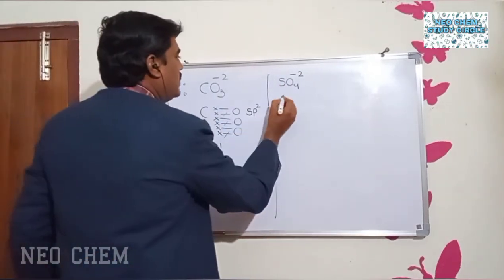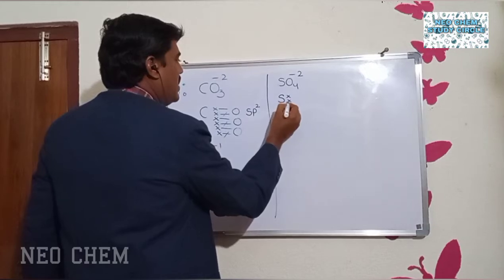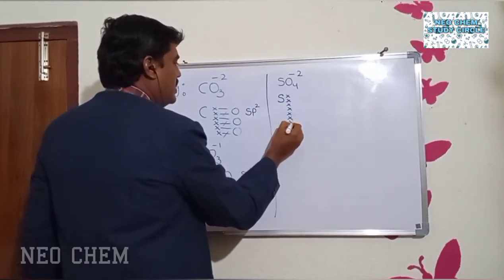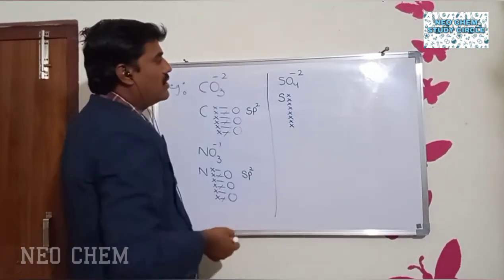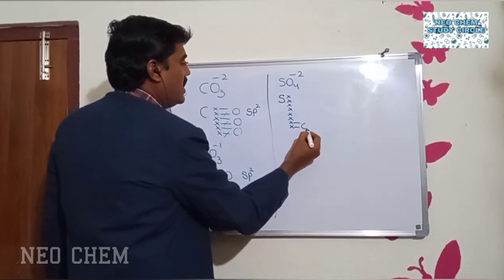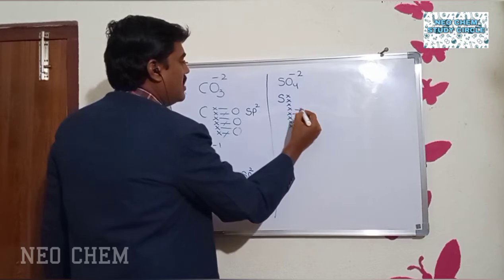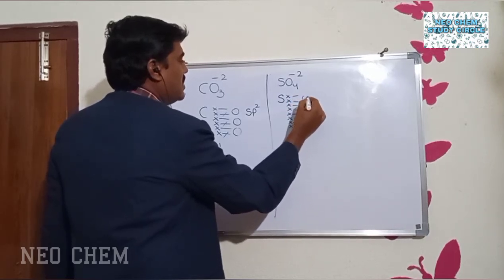That's why we should write 8 valency electrons beside the sulfur: first, second, third, fourth, fifth, sixth, seventh, eighth. There are 4 oxygen atoms, so with 2 electrons together, first oxygen, second oxygen, third oxygen, and fourth oxygen.